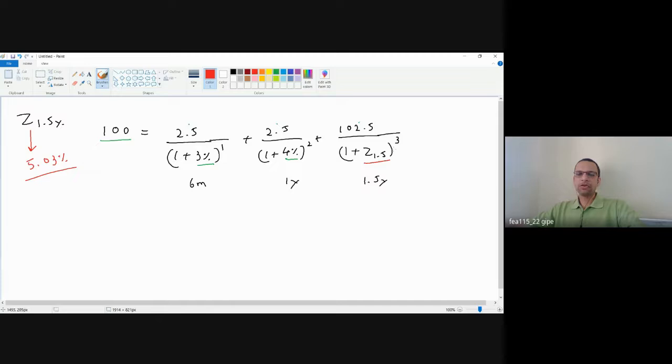Because right now it's just a cubic, but tomorrow, let's say I have a 10-year bond, then I'll have 1 plus Z10 raised to 10 or 20. So my powers of this denominator can keep on changing depending on the time to maturity of the bond. So can you think of a certain approach to solve this? If you have to tell a computer to solve this for you, how would you want to approach it? Anyone?